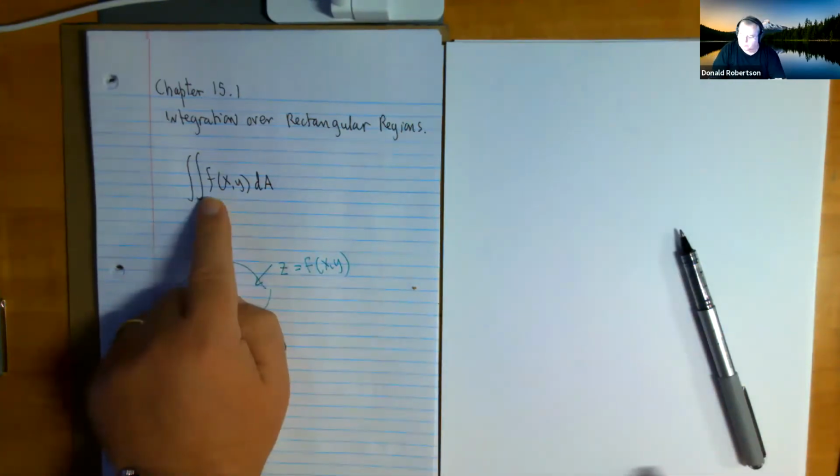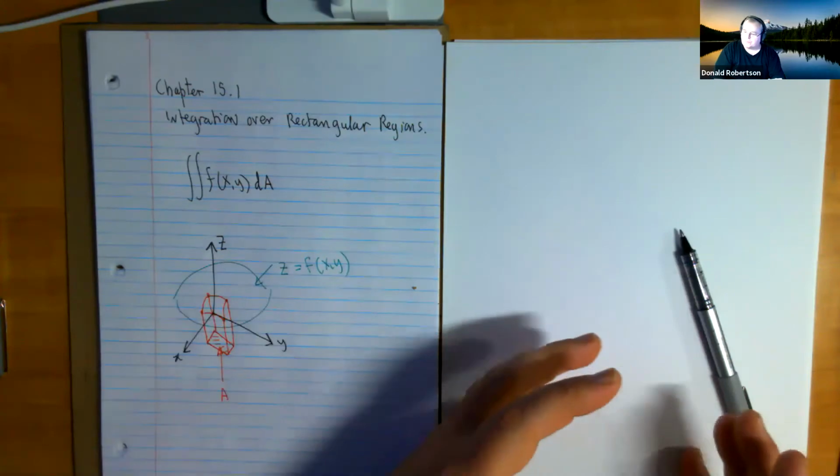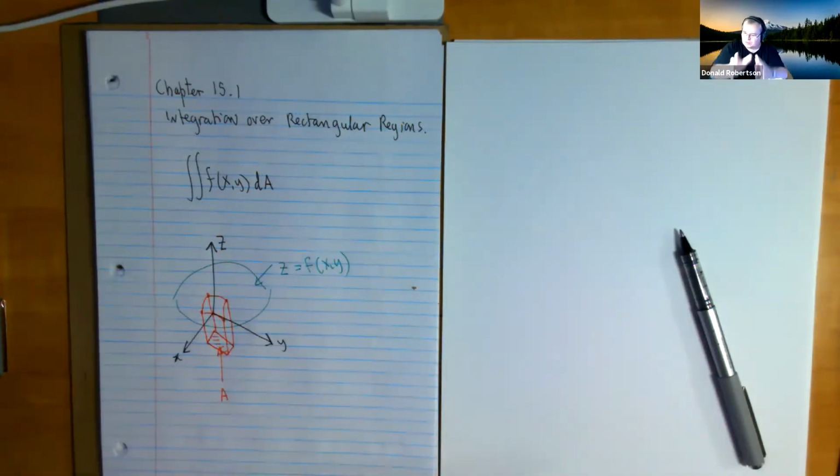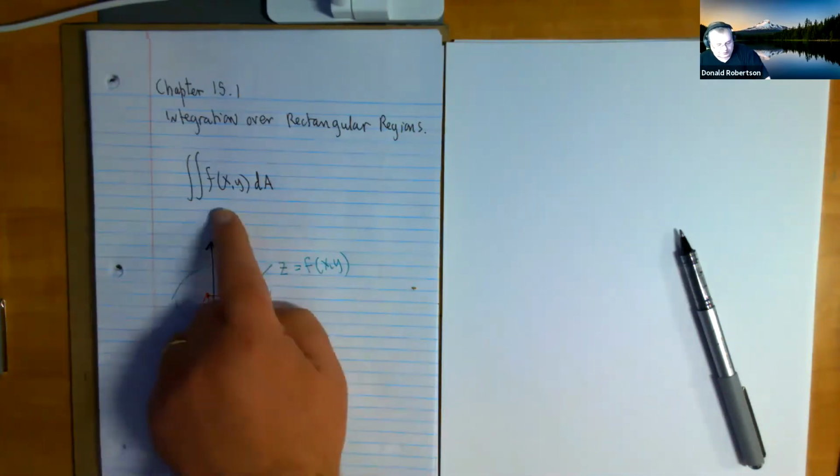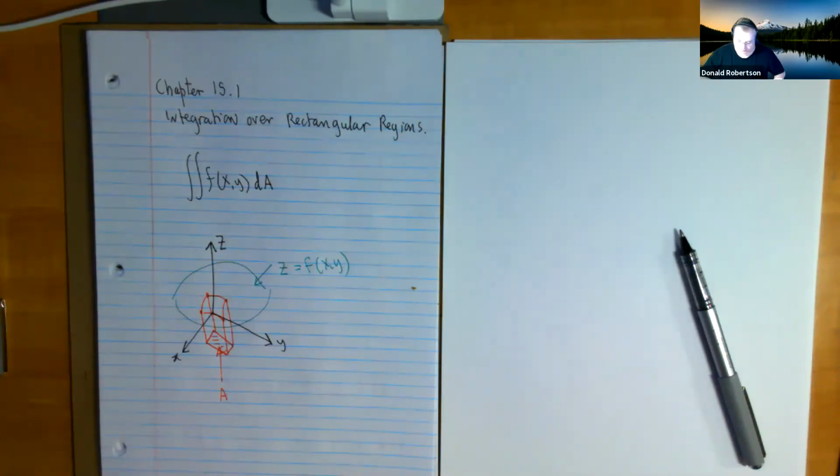When you get this double integral, you've just found the volume underneath the curve. It's kind of analogous to area under a curve, but now you're going to find volume under a curve. So when you find these double integrals, that's how it works.